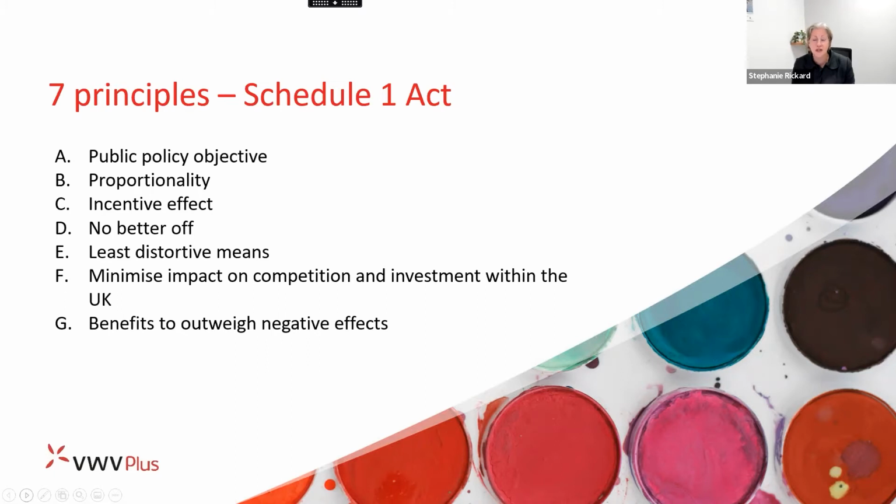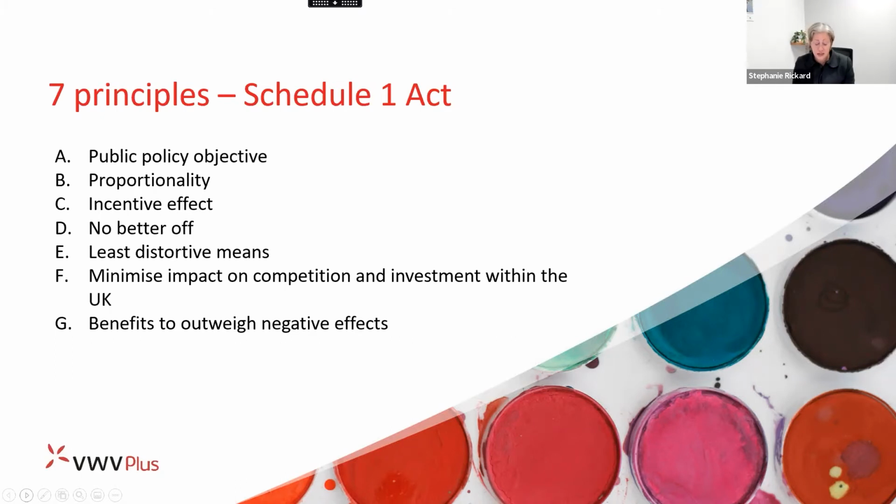So again, looking at does the outcome have to be a subsidy, or are there alternative measures that would work? And then there's a balancing exercise to do: the benefits outweigh negative effects.